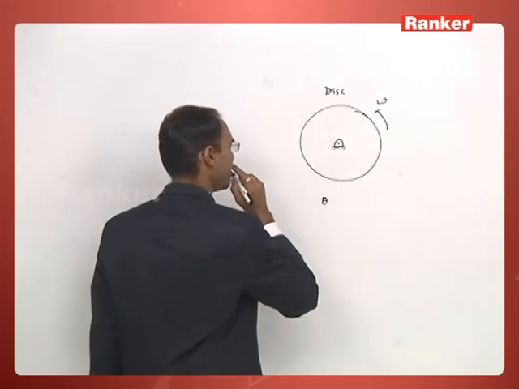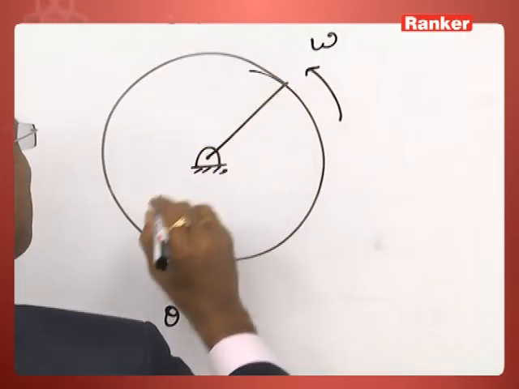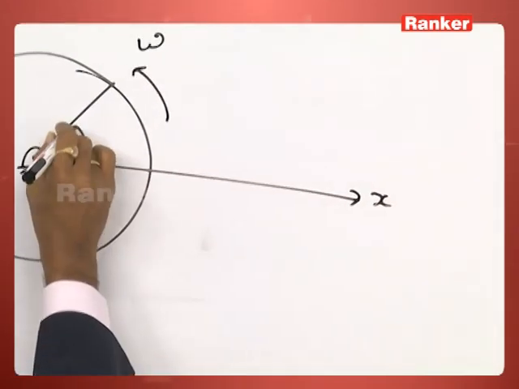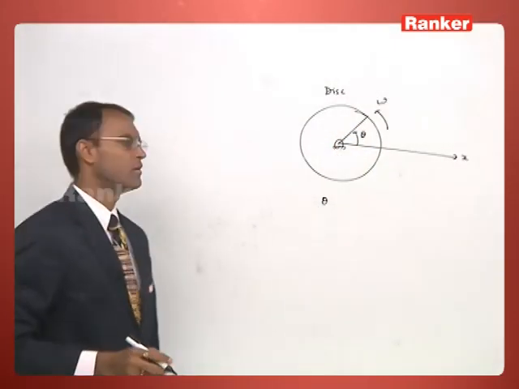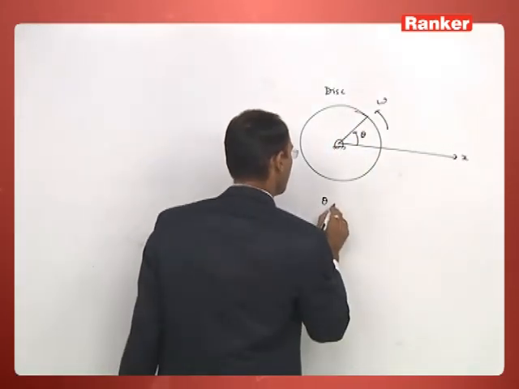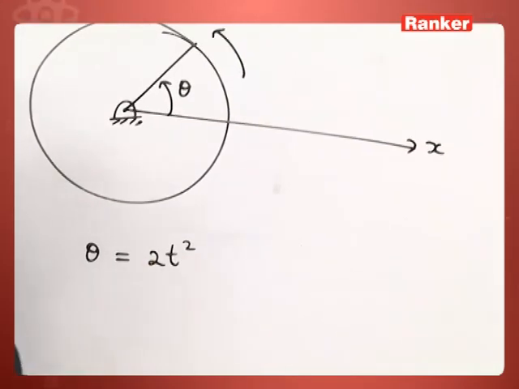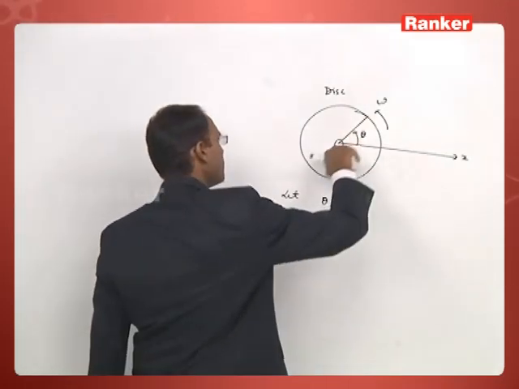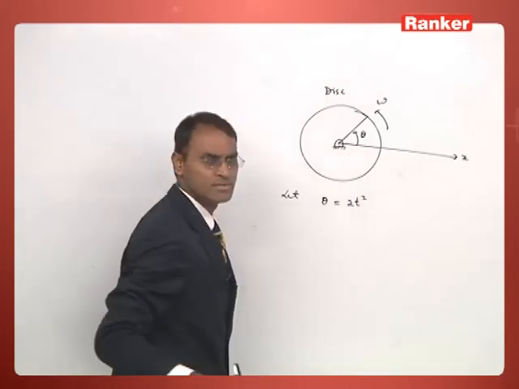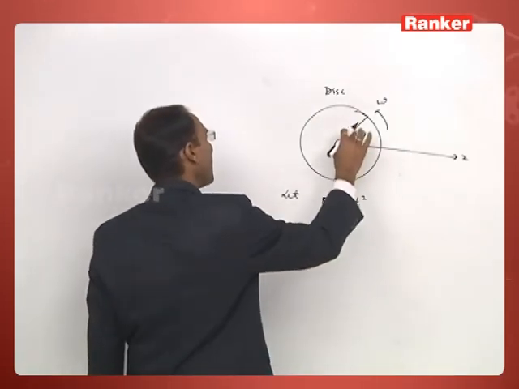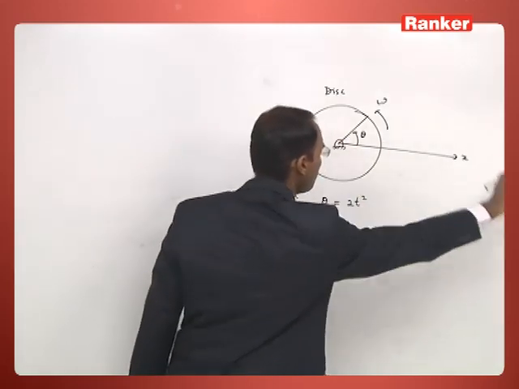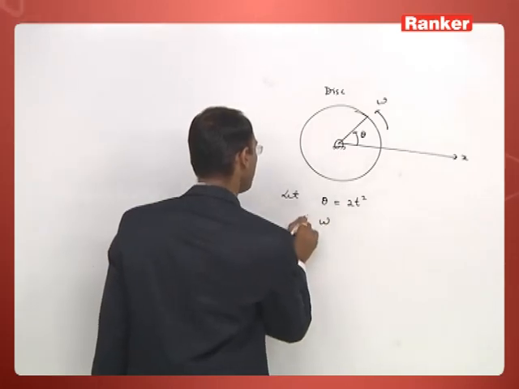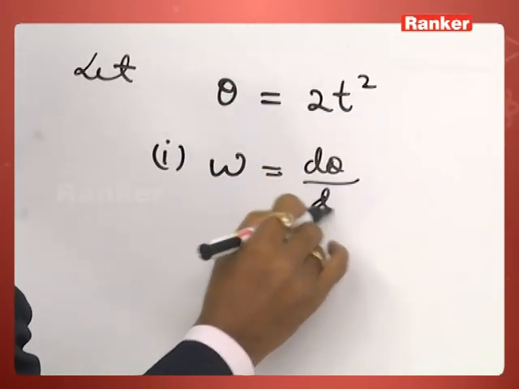Theta, for any radial line, say for the sake of simplicity, makes an angle theta with respect to the positive x direction equal to 2t square, let's say. When a straight line drawn inside the rigid body or the disk keeps on changing the angle of its orientation with respect to the fixed line, the body is said to be rotating with an angular velocity d theta by dt.